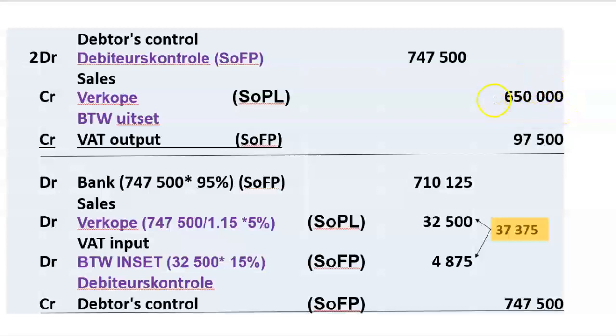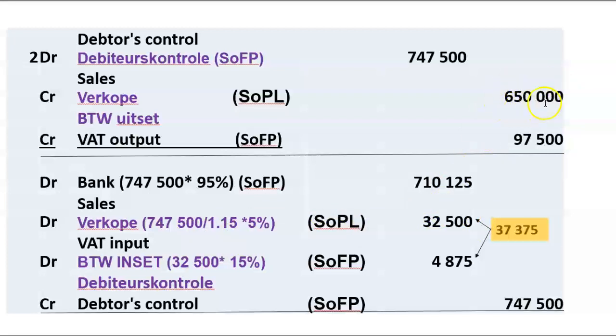That figure there should only have been 650,000 multiplied by 95%. So I have to do an adjustment of 5% multiplied by 650,000, and that gives us 32,500.